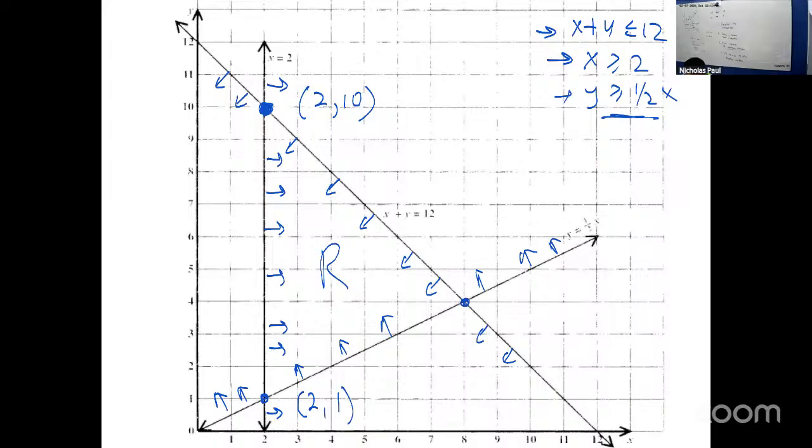This one here. 8, 4. Right? Everybody understand why I read off those 3 points? Because those 3 points are the vertices of the common region. Everybody okay with that?